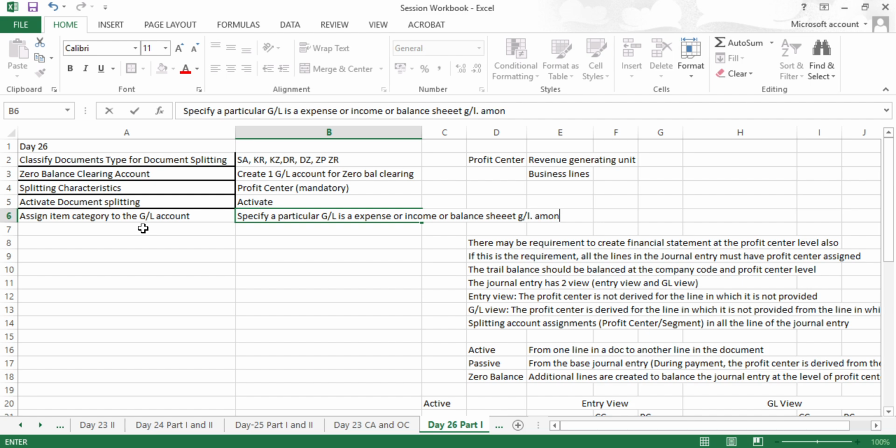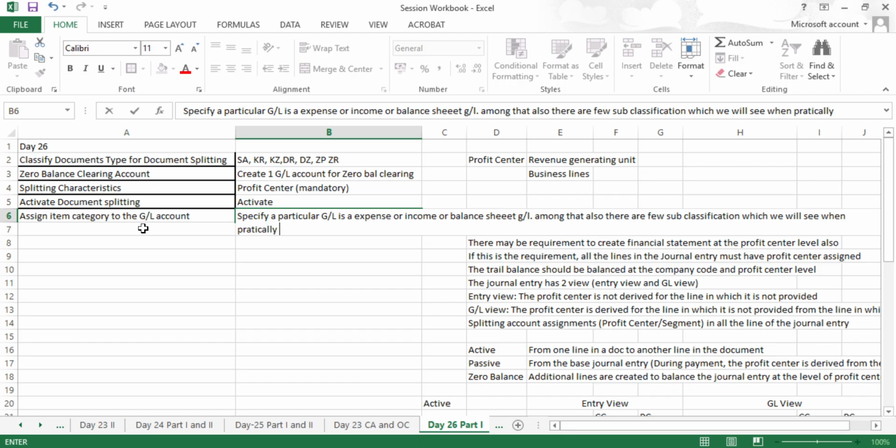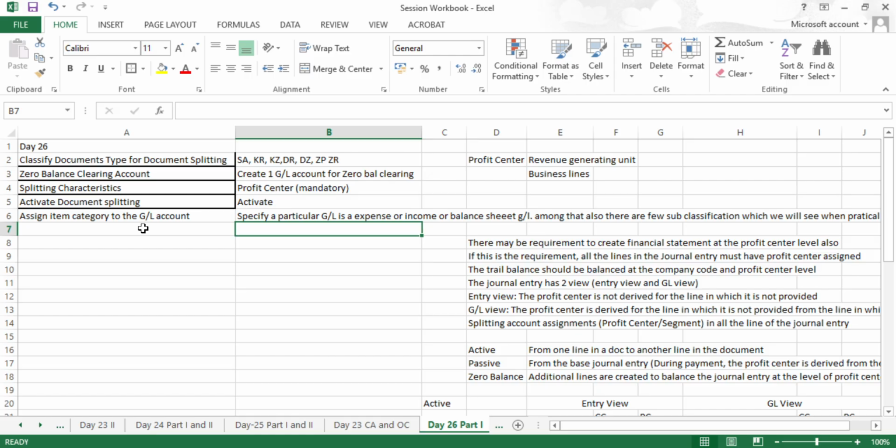Among that also there are a few sub classifications, which we will see when practically configuring the system.